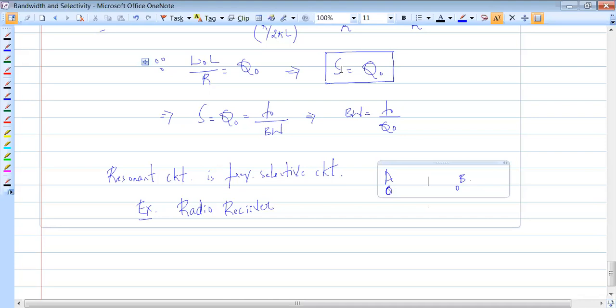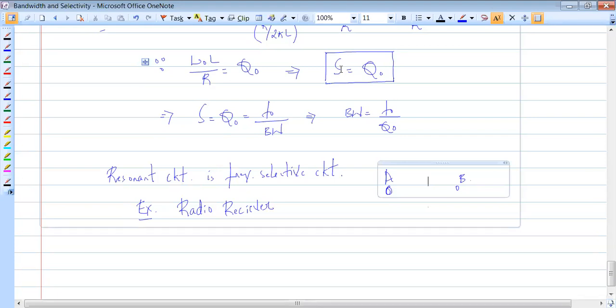That is not my intention, but unintentionally when I'm tuning to station B, station A also gets tuned. Two stations tuned at a time means quality is not good, selectivity is not good, interference is the result.